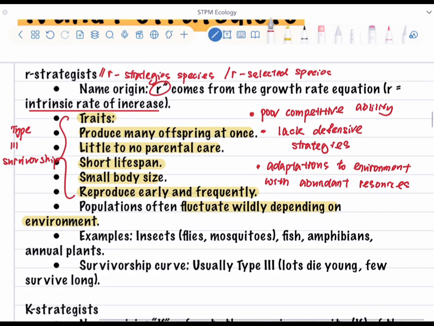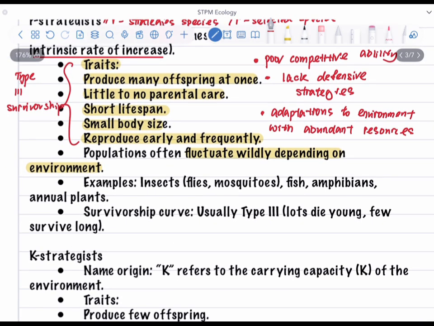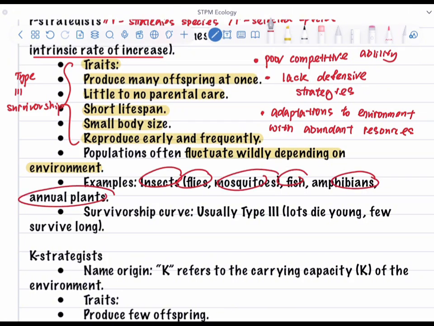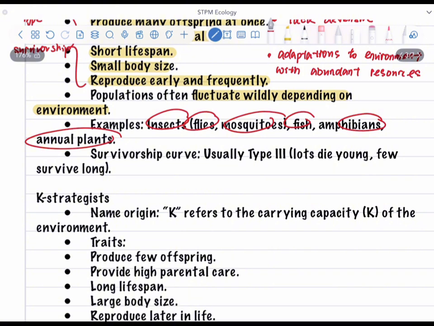The examples are just what I mentioned for the type 3 survivorship, which are insects, flies, mosquitoes, fish, amphibians, and annual plants. You need to remember that the main characteristic of type 3 survivorship is that a lot of organisms die at a young age and few survive long.